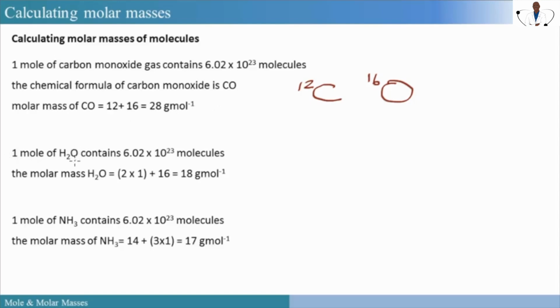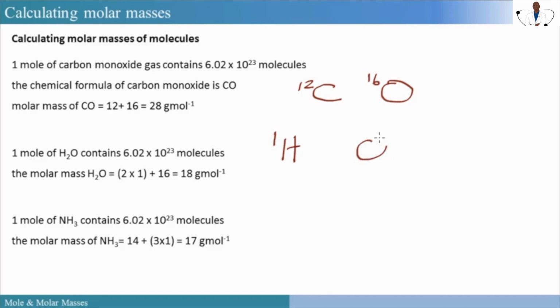Moving on to water. The molar mass of 1 mole of water is the molar mass of each element summed up. So 1 mole of water would contain Avogadro's number. Now, if you add up the mass numbers, for H, the mass number would be 1.